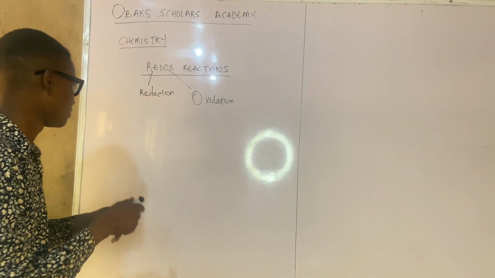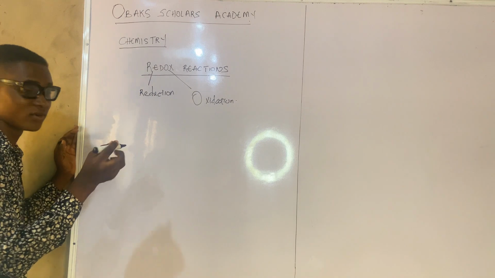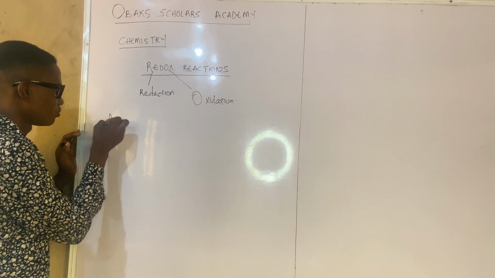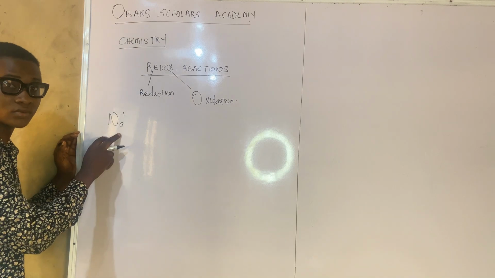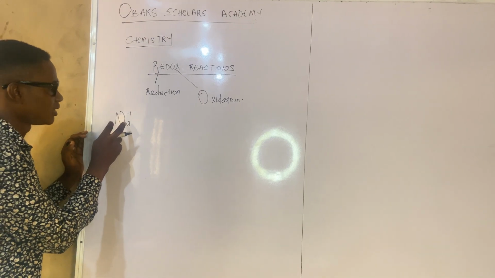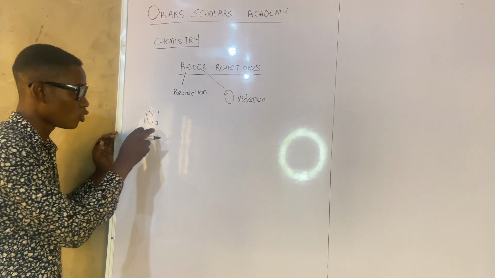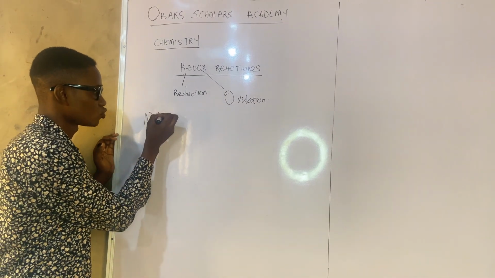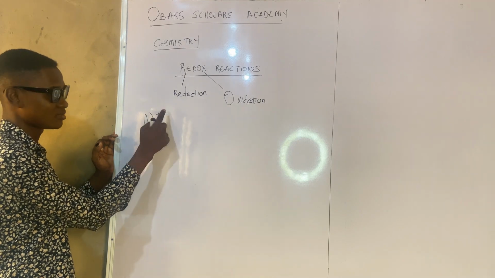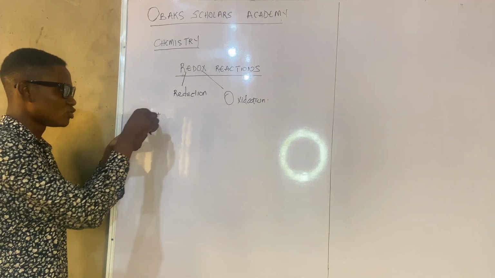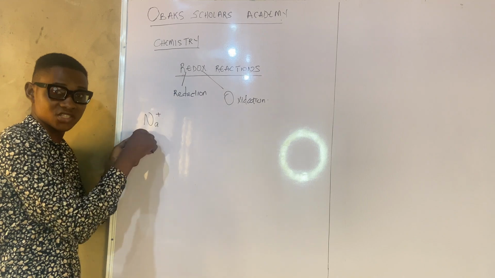Let me explain it. Let's take for instance sodium. This is the sodium ion. Now the oxidation number of sodium here is +1. There's no need for really putting 1 here because it's the same thing. So this number is like a formal charge.